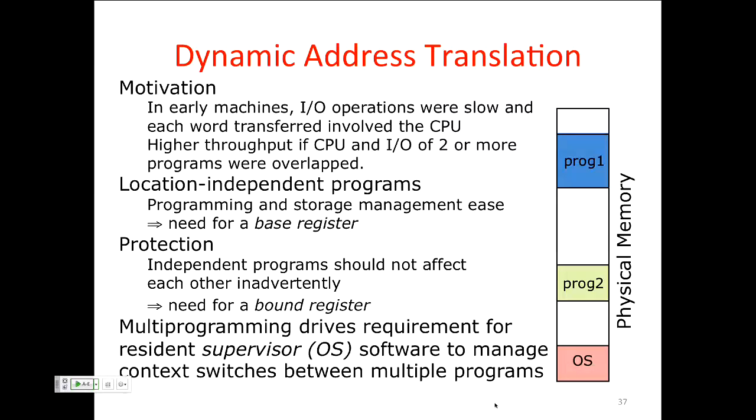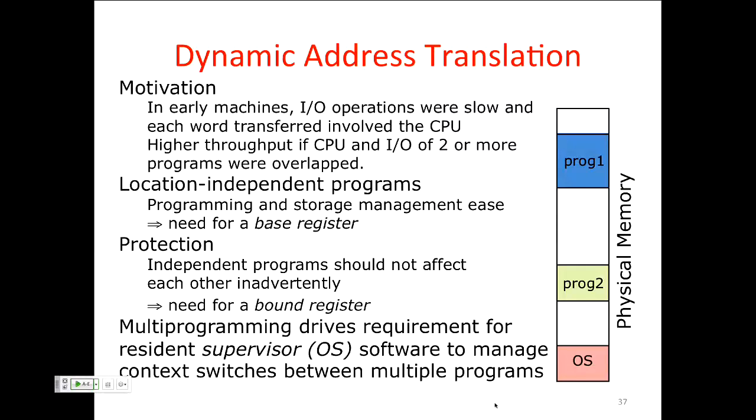What motivated this in the beginning was that you wanted multiple applications on the same machine. Back in the days, the key reason was that I/O was very, very slow compared to how fast your application was running. So you needed multiple applications to make use of your machine, because you wanted to run your second application while your first application is waiting for its I/O.